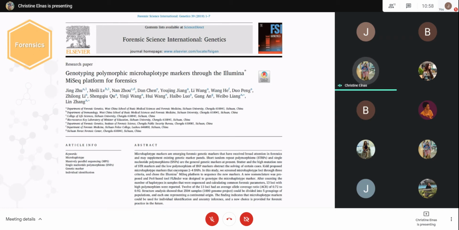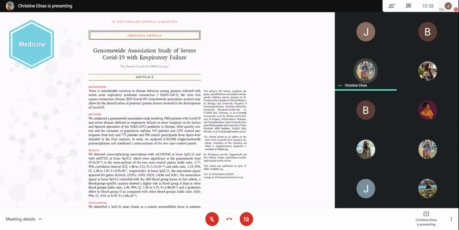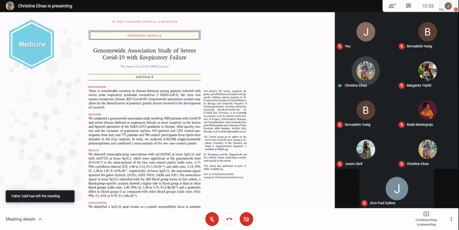So the next study is in medicine, which is the genomic association study of severe COVID-19 with respiratory failure. This study, by genomic association analysis, allows for the identification of potential genetic factors that were involved in the development of COVID-19.